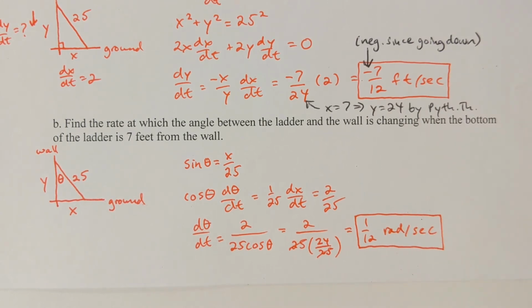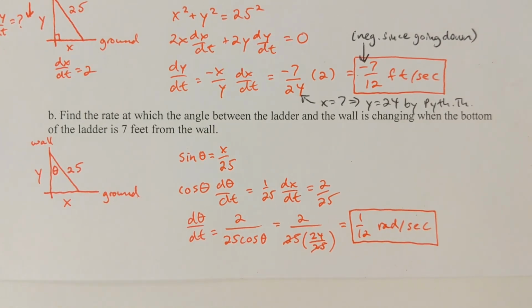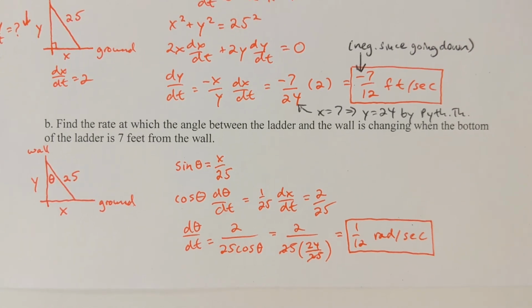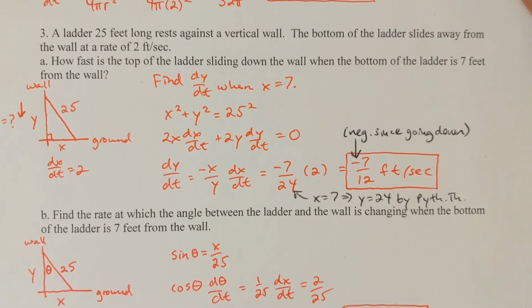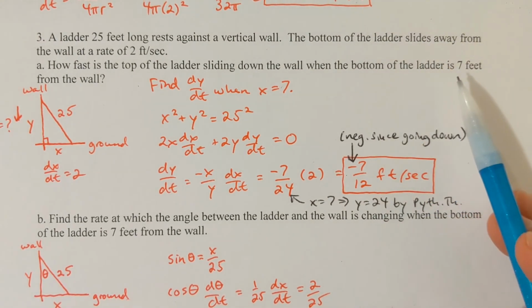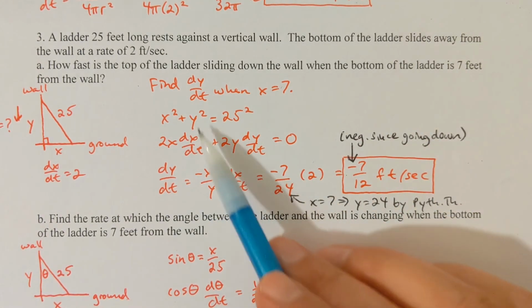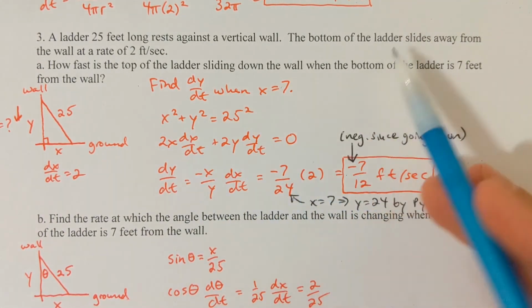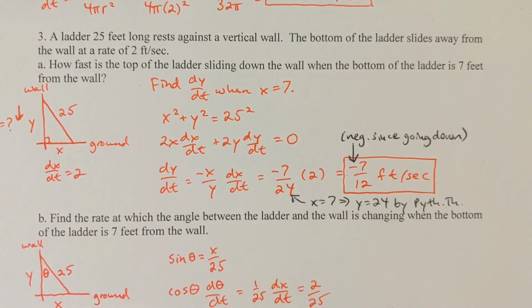Now, one mistake that I see way more than I should with problems like this is that students want to substitute values into the equation too early. If I go back to part A, x is 7 and y is 24, which I could find first by using the Pythagorean theorem.